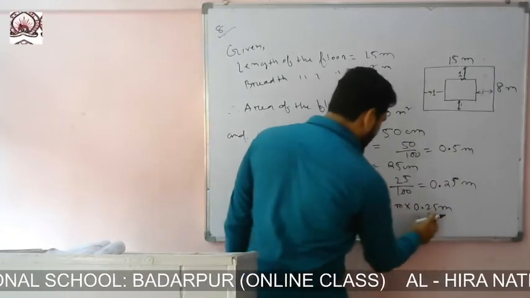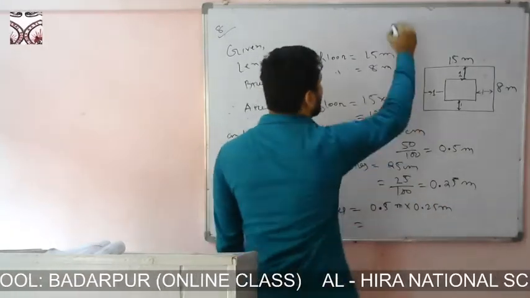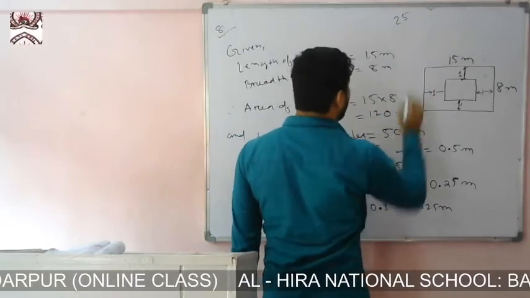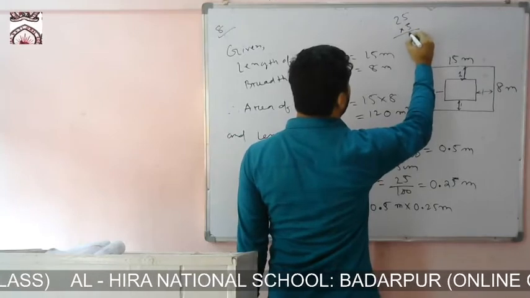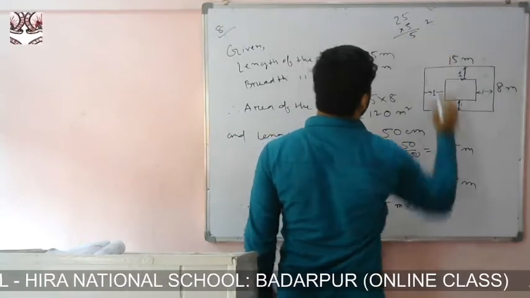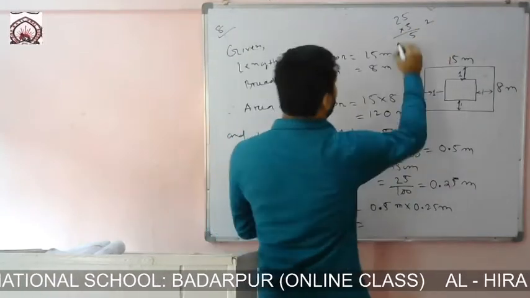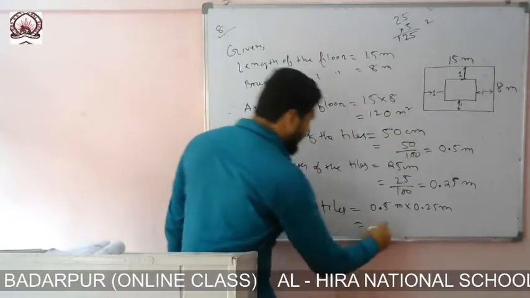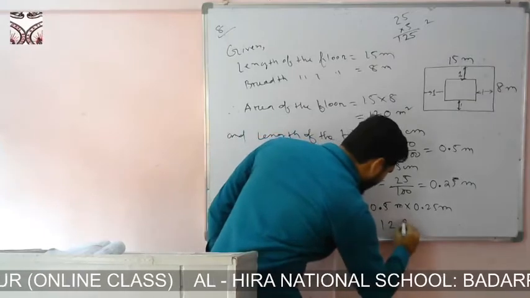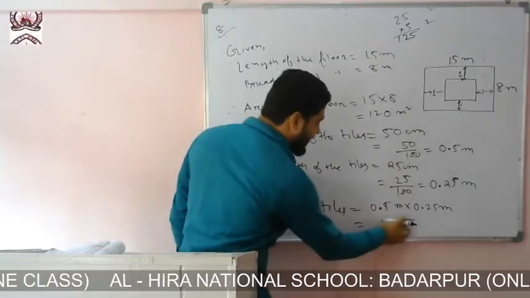That means 0.5 and 0.25, you see, 25 and 5. 5 5s are 25, and 5 2s are 10, 11, 12, so 125.